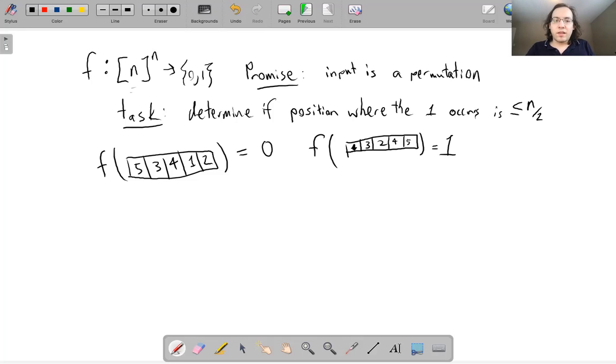And in all cases, the promise is that the input is a permutation where every character occurs exactly once.